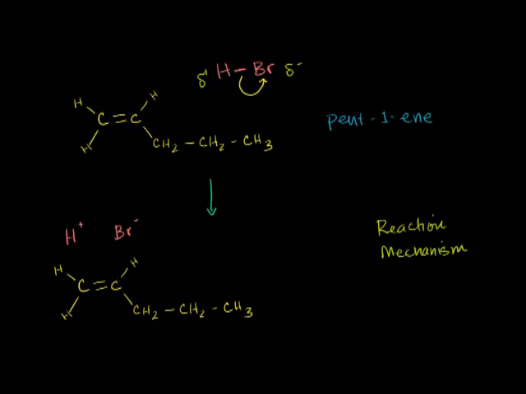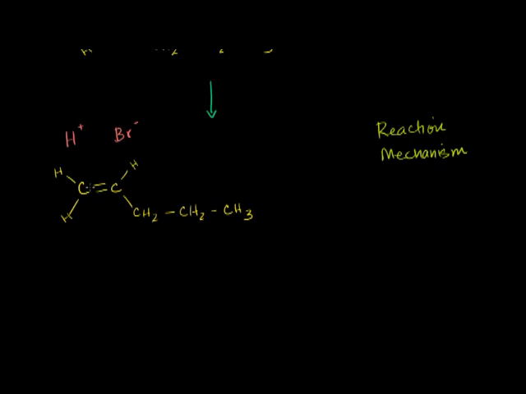So let's do that. And actually, we'll then think about which carbon is more likely to be the one that gives away its electron. So for the sake of this mechanism, let's just say that this carbon right over here is the one that loses its electron.